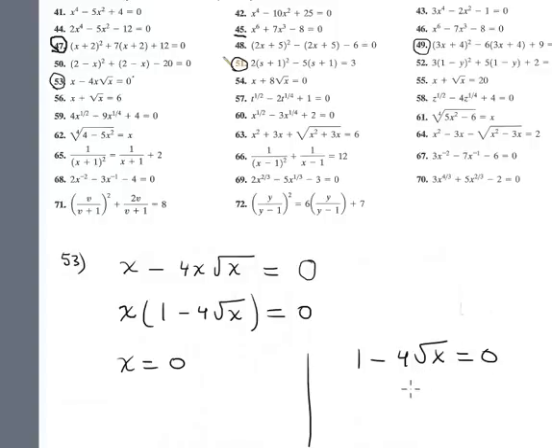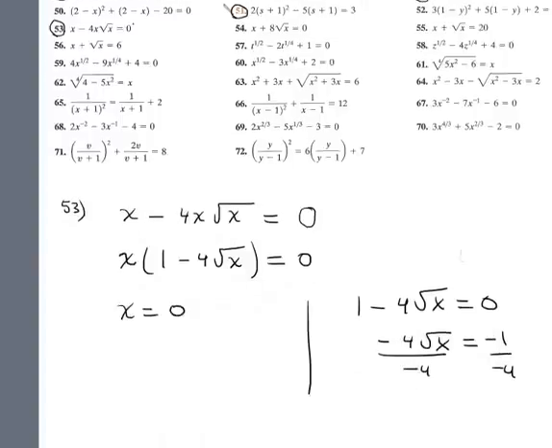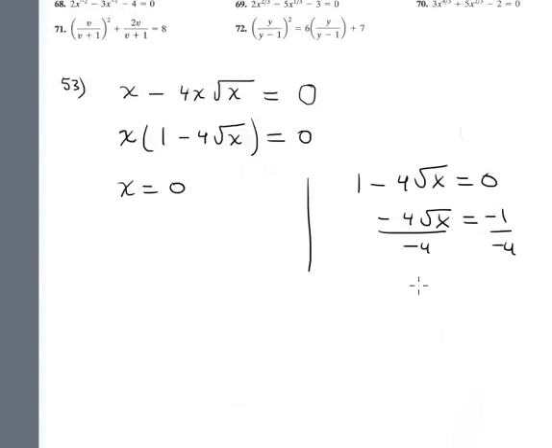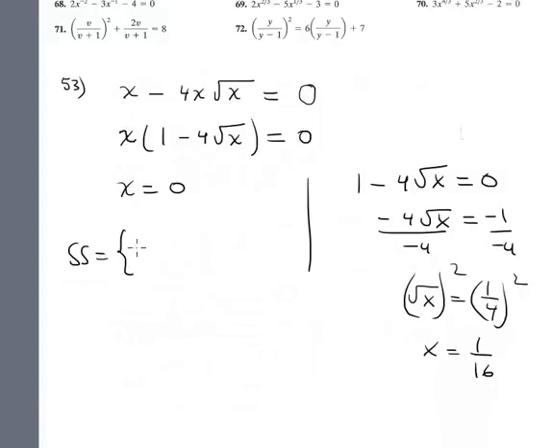Then you solve for x: minus 4 radical x equal negative 1, divided by negative 4 on both sides. Now radical x is equal 1 over 4, and squaring both sides, x equal 1 over 16. So the solution set is 0 and 1 over 16.